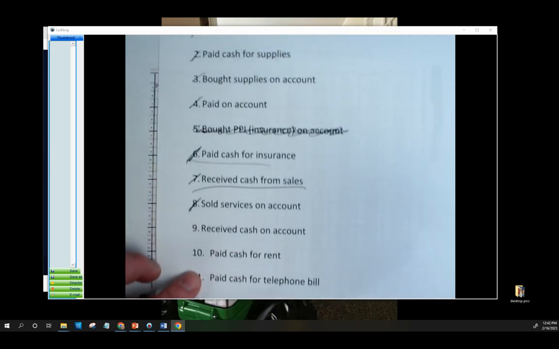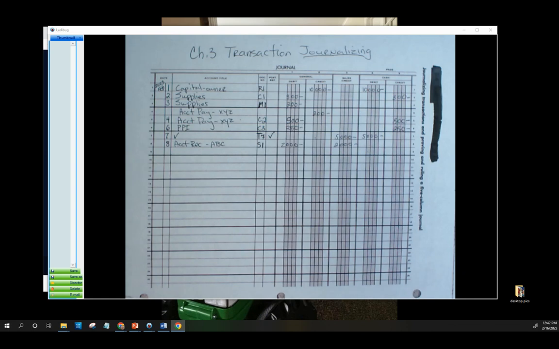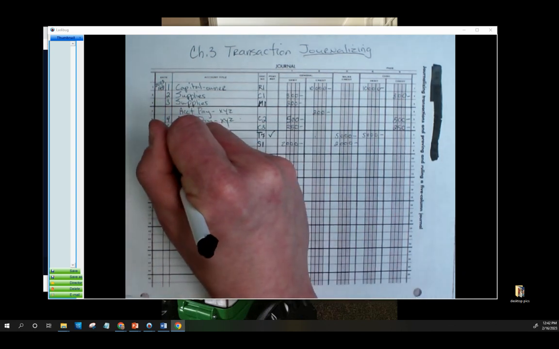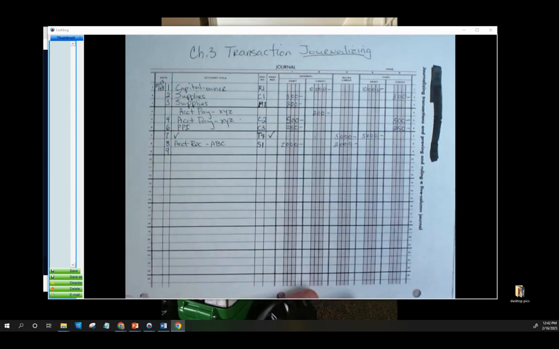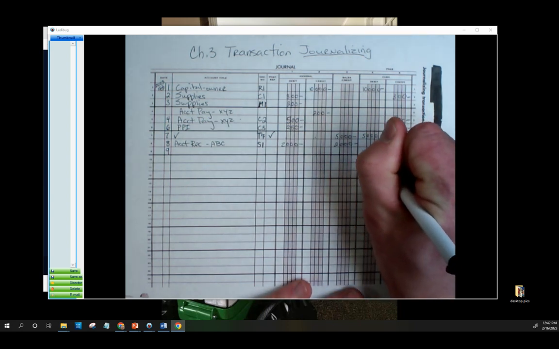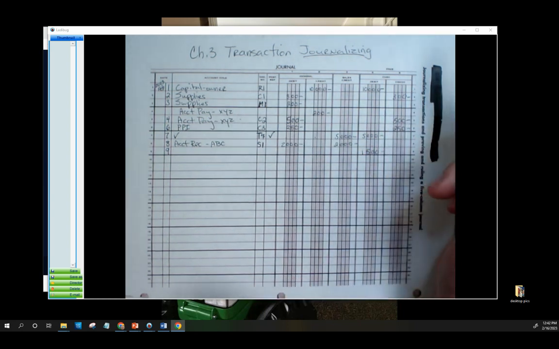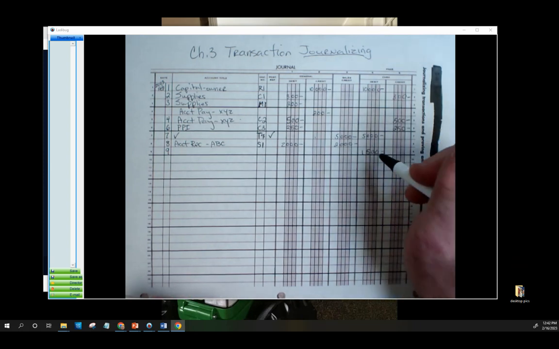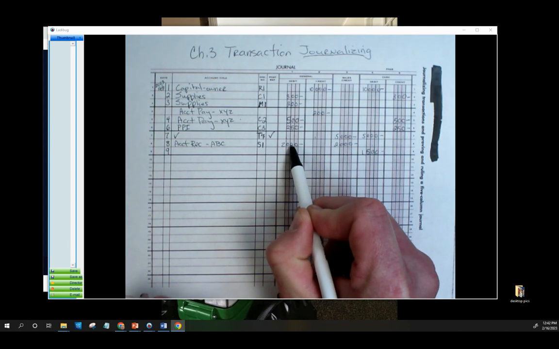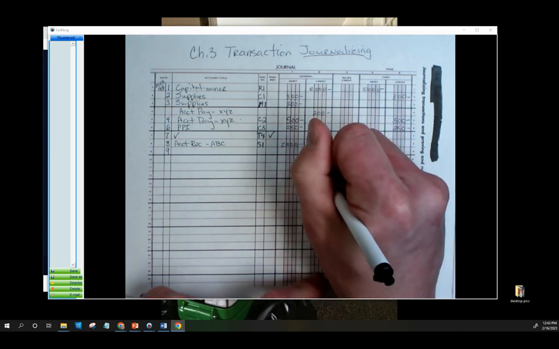Receive cash on account. Let's fast forward one day, and we're receiving the money that we are due on account. So our cash goes up. Let's say they're paying us $1,500 that they owe us. Cash goes up $1,500. That's your debit, making assets go up. And we need to make our accounts receivable go down. It went up $2,000. Now they're paying off $1,500. So we're going to make that mark over here, the credit.